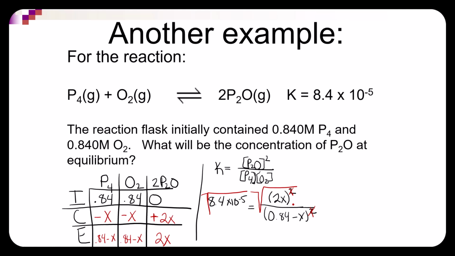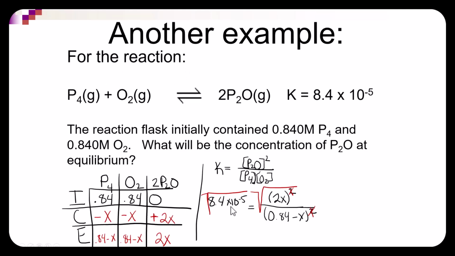I'm going to jump ahead a slide just so I have some room to work here. So after taking the square root of everything, on the right-hand side, we had that 2X on top and the 0.84 minus X on the bottom.